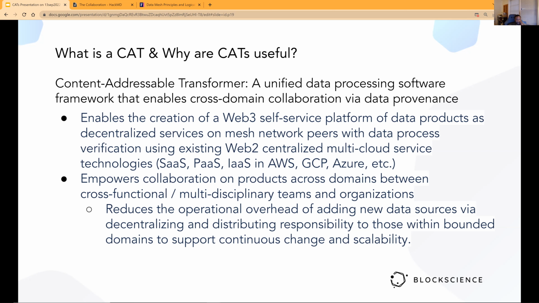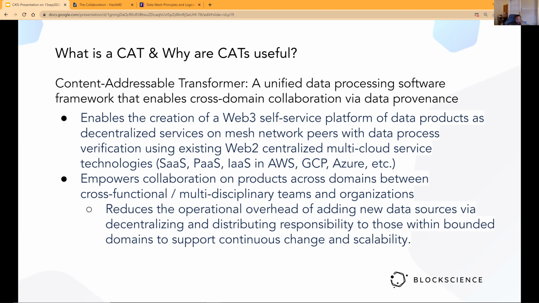So in other words, they'll enable the creation of a Web3 self-service platform of data products as decentralized services deployed on a mesh network, paired with data process verification using Web2 centralized multi-cloud services: software as a service, platform as a service, infrastructure as a service in multiple cloud service platforms, AWS, GCP, Azure, etc., right?